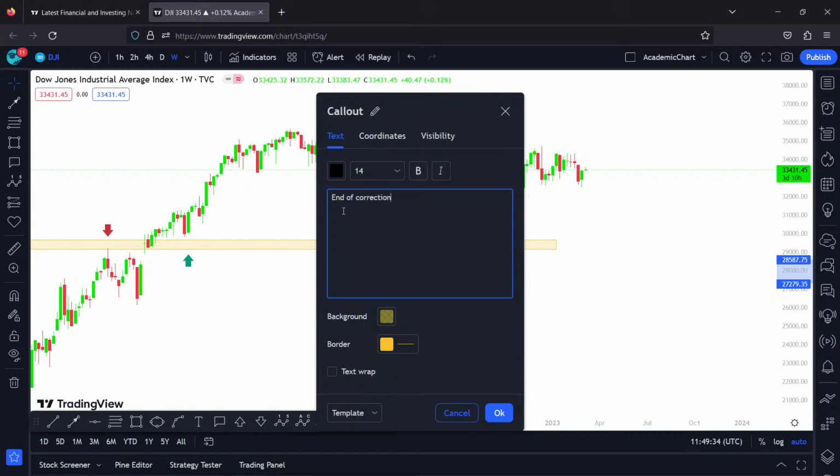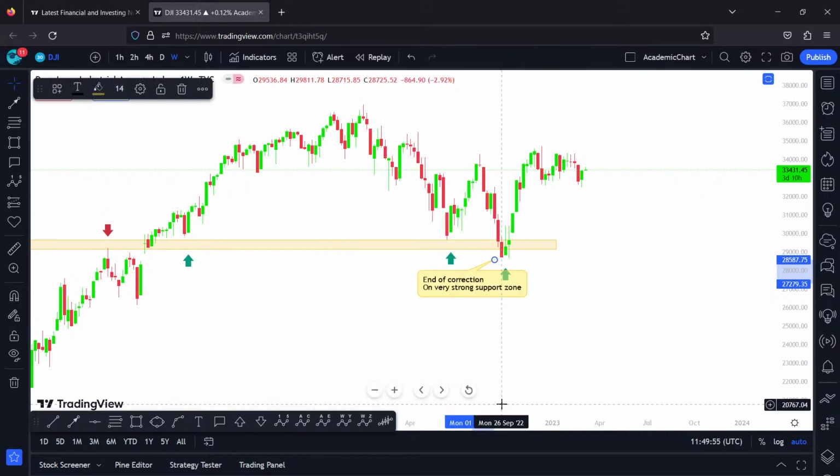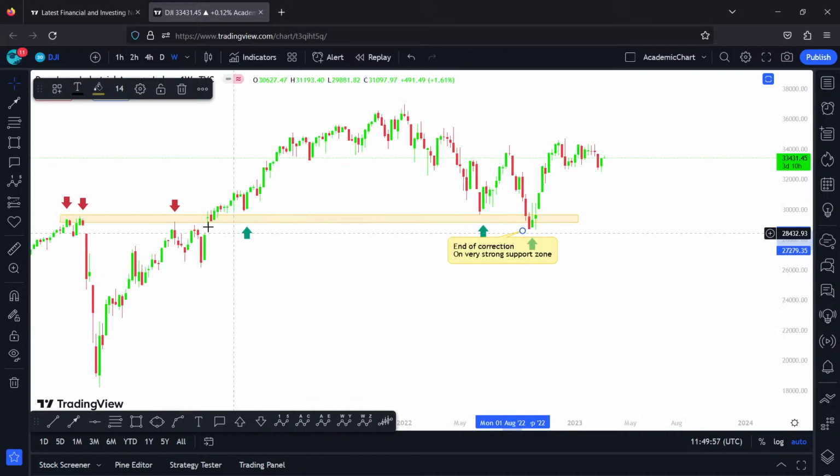It seems to be. We will see if we can confirm when we actually dive into this in a bit more detail. End of correction on a very important, or not important, maybe strong is a better term, strong support zone. Why are weekly support zones strong?